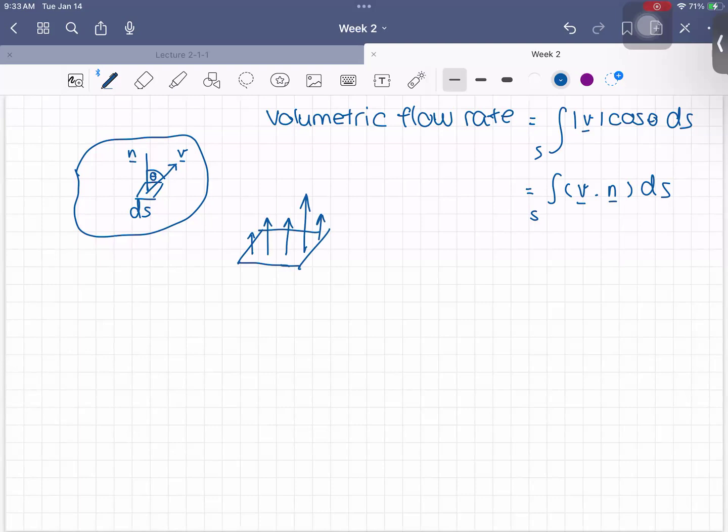So in this case, we have to integrate them, like I showed you here in this form to calculate the volumetric flow rate. We're going to integrate it so that at the end it will be the average of the volumetric flow rate.